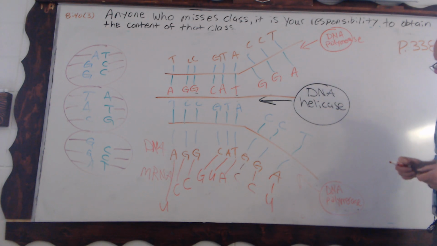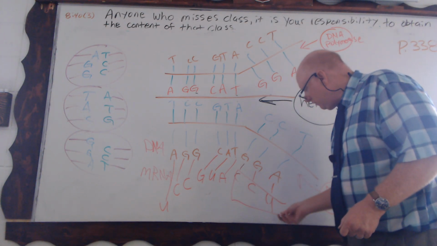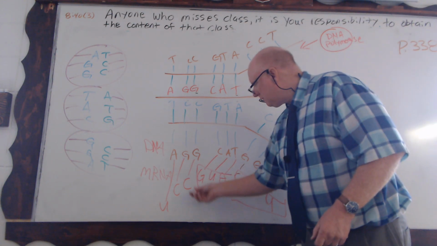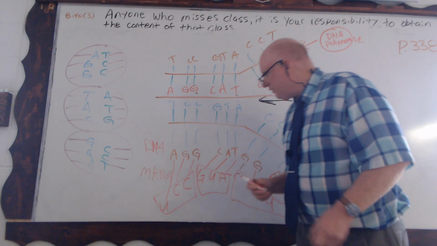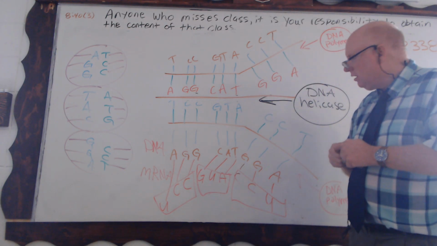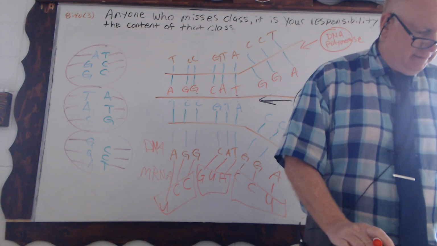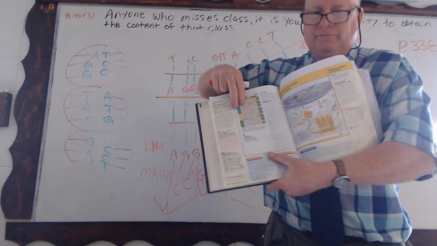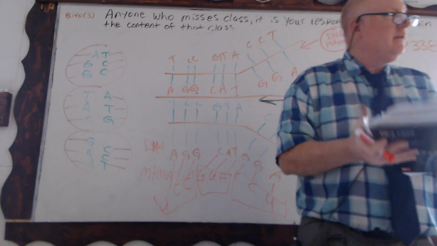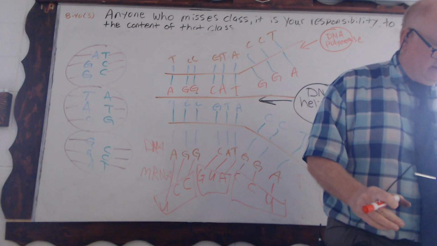So, these are specific amino acids. They come in three-letter groups. On page 338, it's got this table, Table or Figure 14.